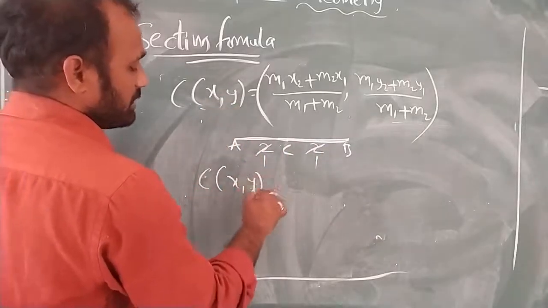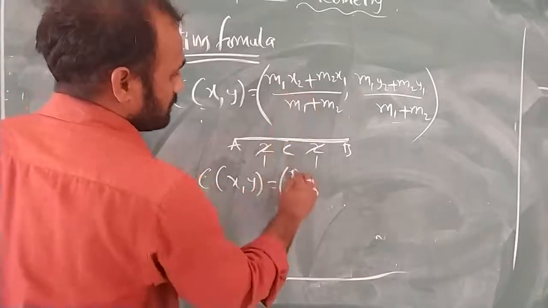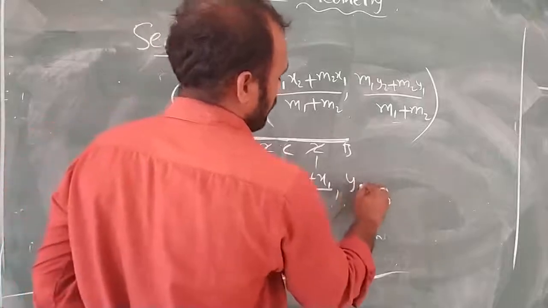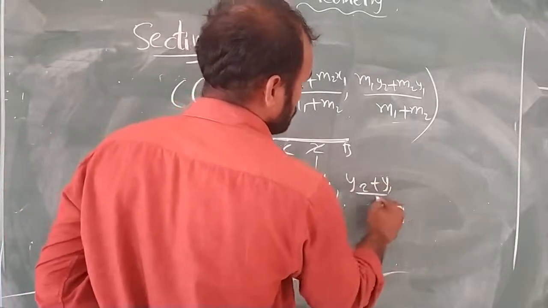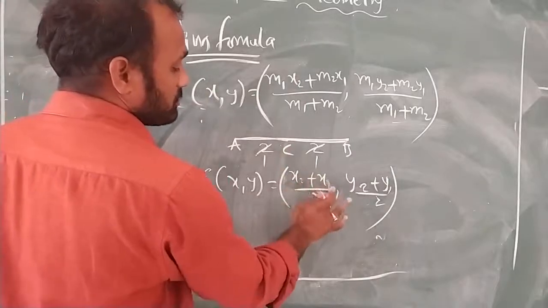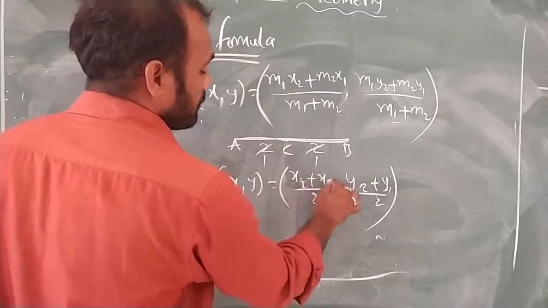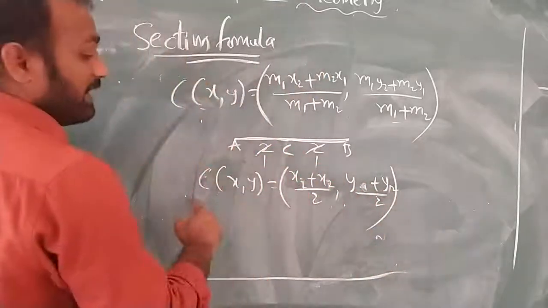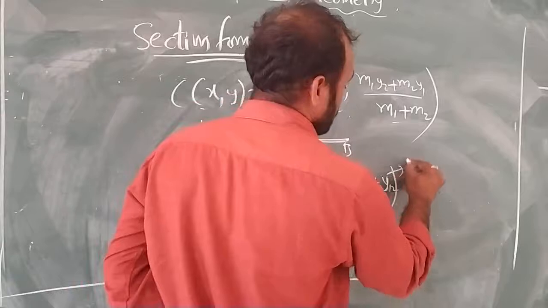(x, y) is equal to, with m1 meaning 1, (x2 + x1)/2, (y2 + y1)/2. So this can be written as (x1 + x2)/2, and this is (y1 + y2)/2. The name of this formula we will call the midpoint.